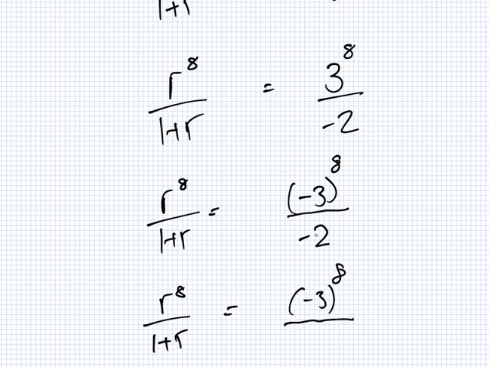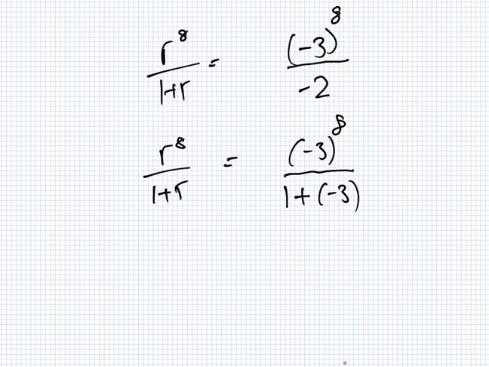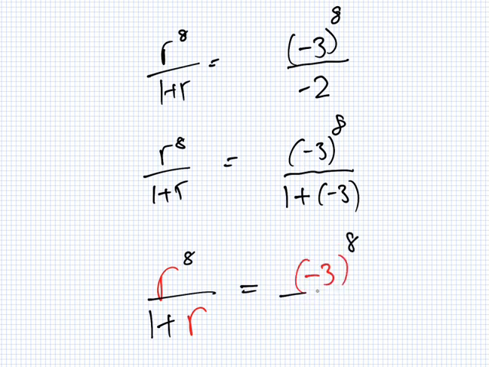I can change minus 2 into 1 plus minus 3. So let me draw it again, but in colours. I have r power 8 over 1 plus r equals minus 3 power 8 over 1 plus minus 3.